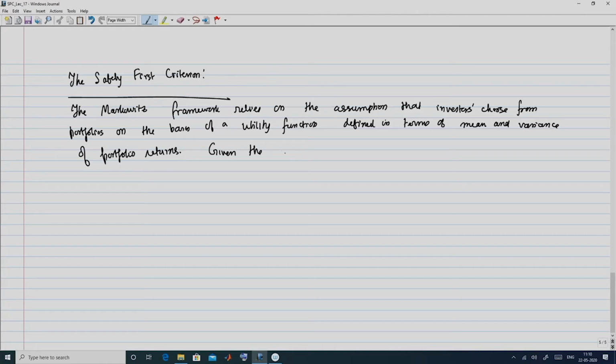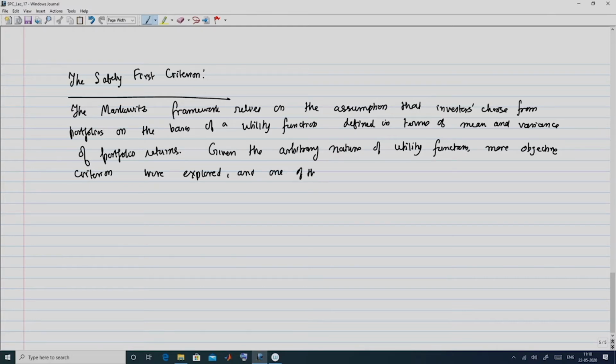Given the arbitrary nature of utility functions, more objective criteria were explored, and one of these is the safety first criteria.